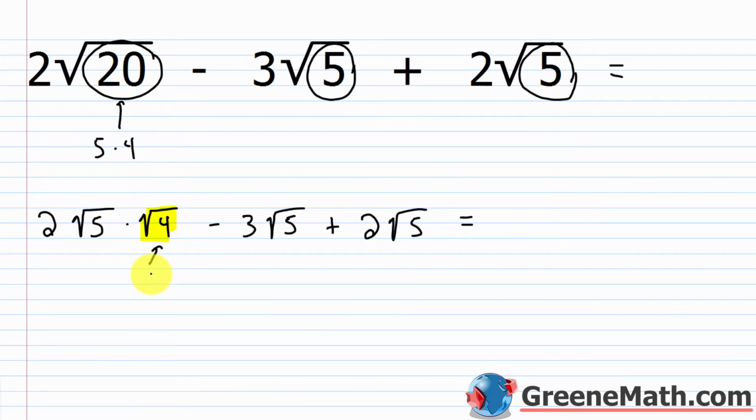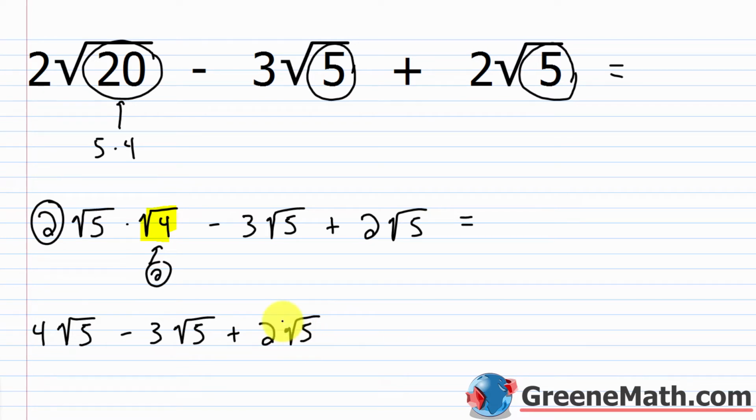So you'd have 2 times 2, which is 4, times the square root of 5, minus 3 times the square root of 5, plus 2 times the square root of 5. Now that we've simplified, these are all like radicals, so I can just work with the numbers out in front. So in other words, 4 minus 3 is 1, 1 plus 2 is 3. So this would be 3 times that common radical, which is the square root of 5.